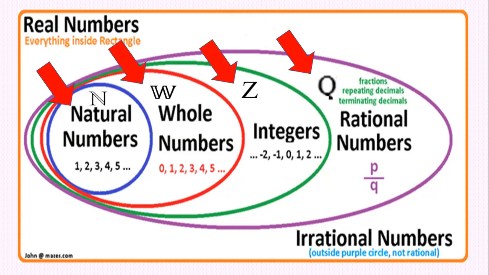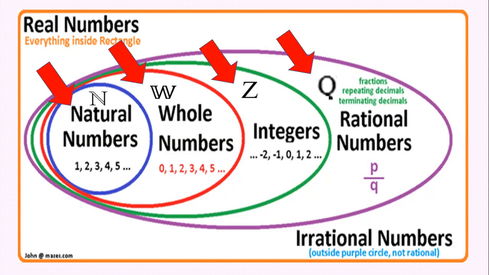A rational number can be expressed as a fraction p over q, where p and q are integers and q is not 0, of course. For example, 5 over 3 is a rational number since the numerator and denominator are both integers.